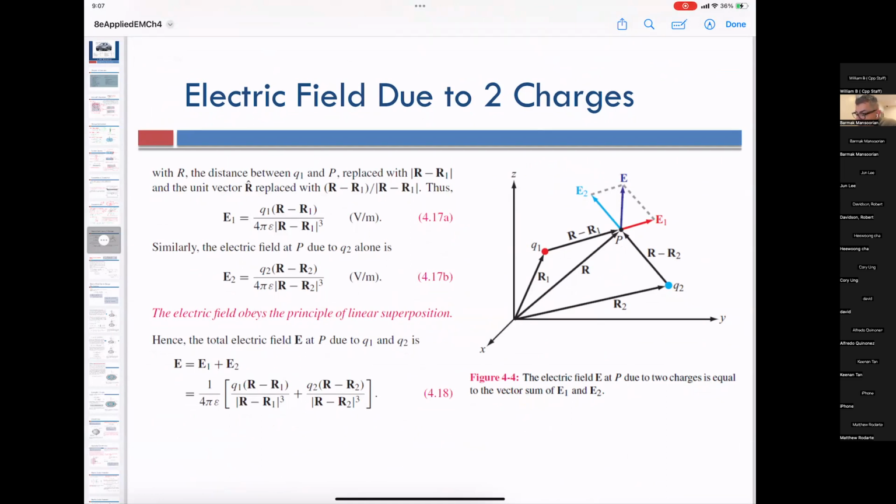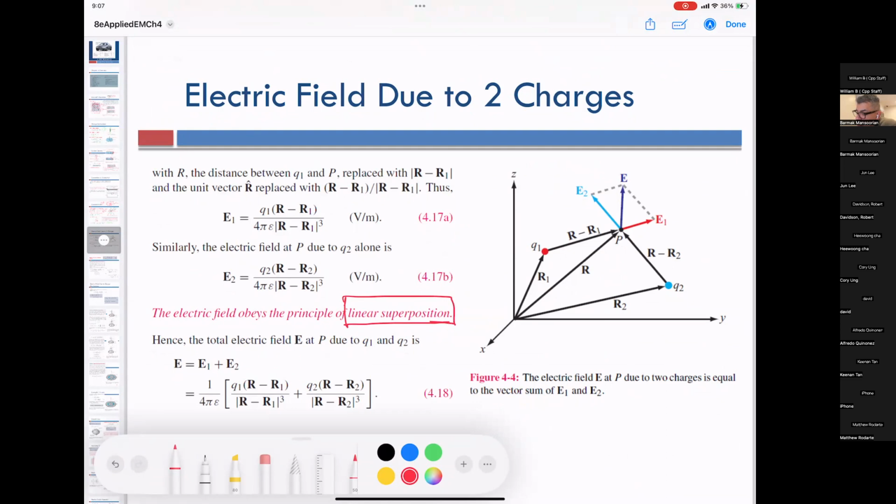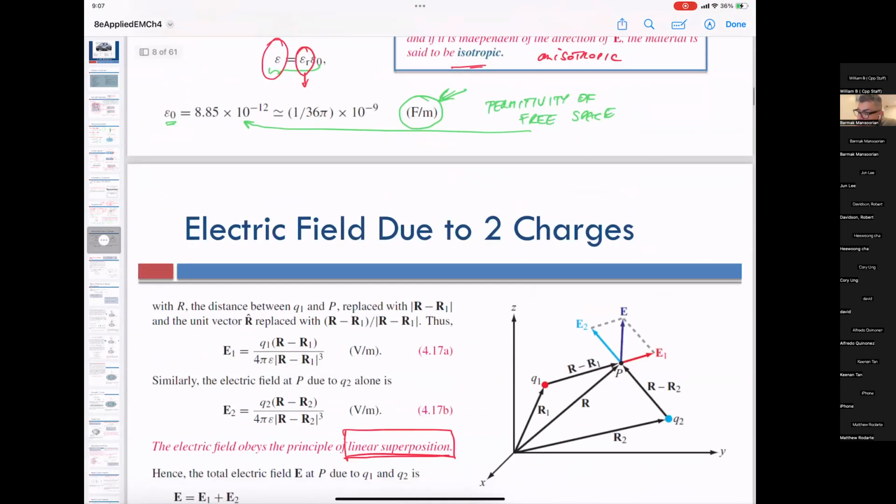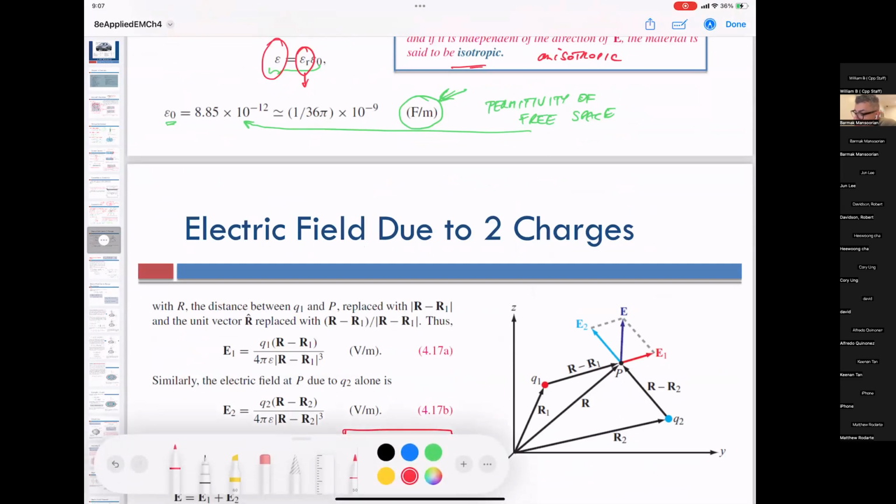Okay, so electric fields, fortunately, have this really nice property that you can apply linear superposition of electric fields. Let's say you had a situation where you had not just one charge in space, but a bunch of charges distributed all over space.